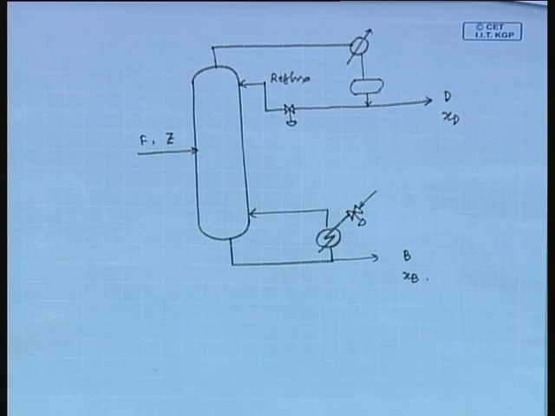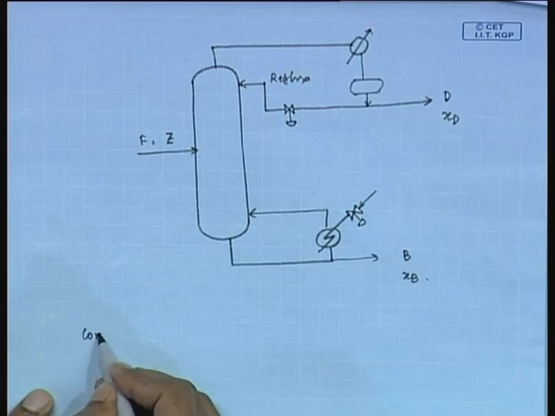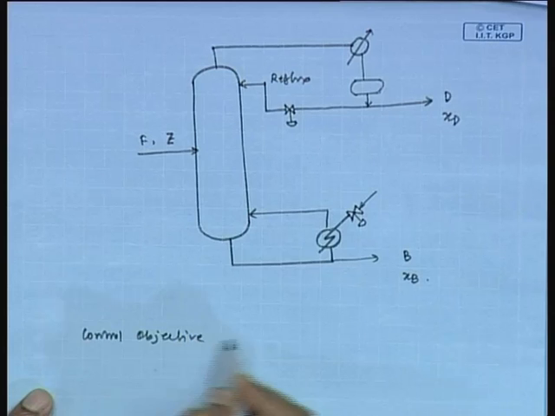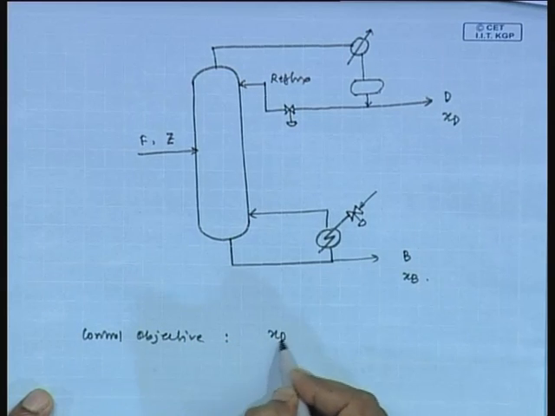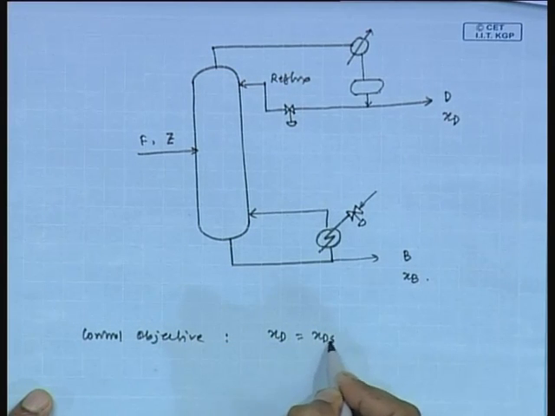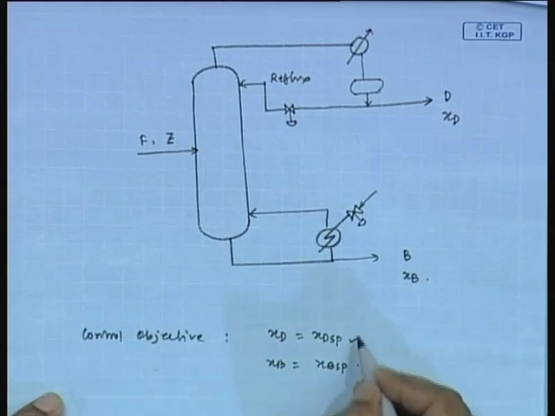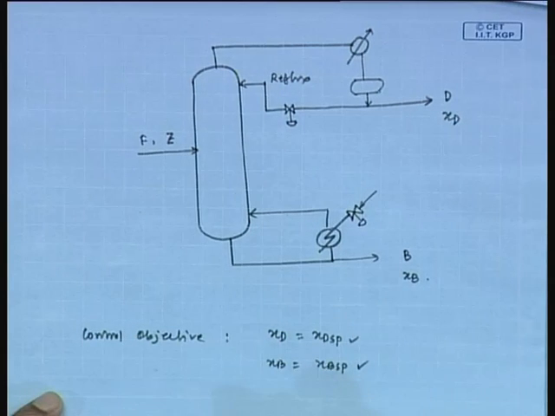So, what is the control objective? The control objective is to maintain XD at XD set point, similarly XB at XB set point. Control objective is to maintain the product quality at the top as well as at the bottom.